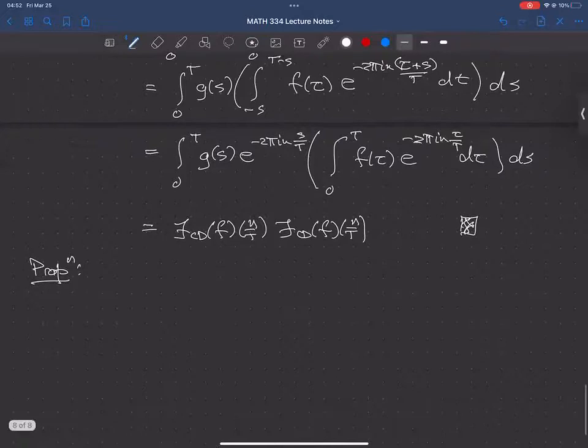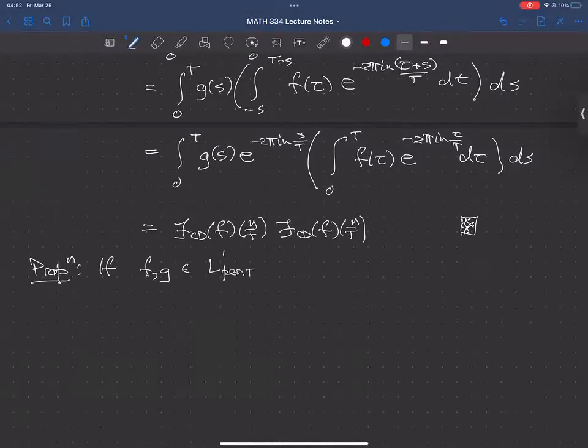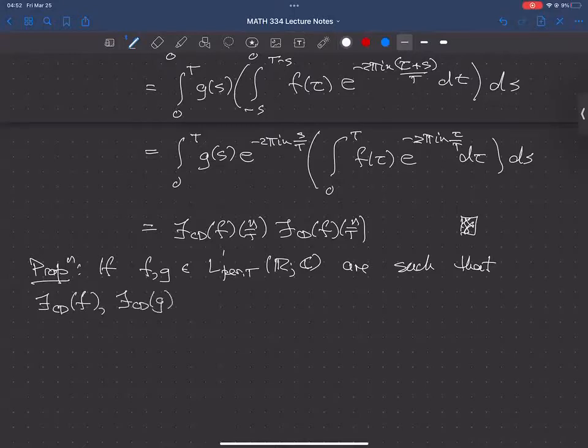So here's the result. So if F and G in L1 are such that their transforms are in little L1, and this is quite a strong assumption.